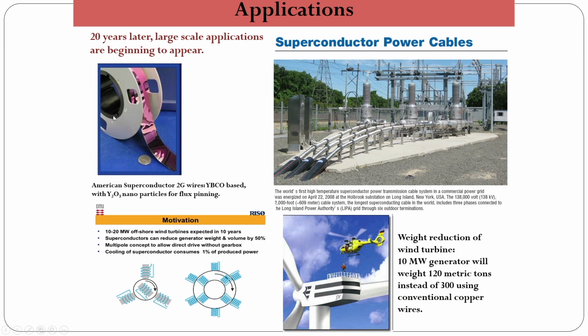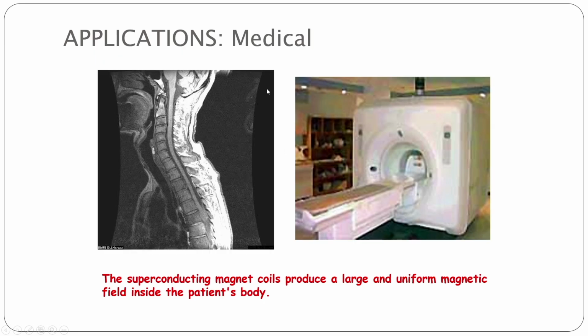And then there are other applications in power cables, in weight reduction of wind turbines and so on. Many of these are in the medical industry also. These are superconducting magnets giving rise to very large and uniform magnetic fields to probe a non-healthy body. So, these are medical applications.